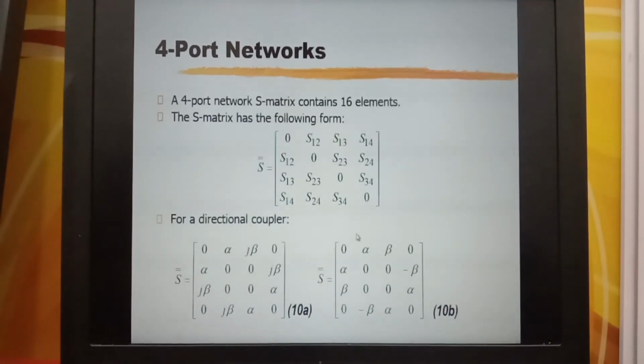Another type of directional coupler, the output at port 2 and port 3 are alpha and beta respectively, but they have the same phase. This is the case if we feed the signal to port 1.